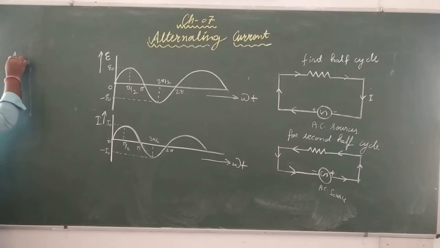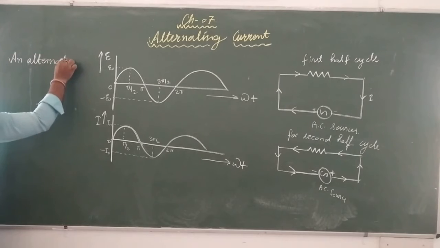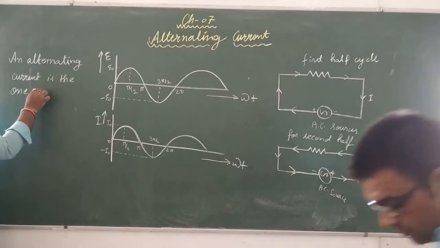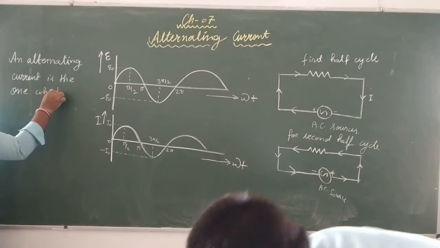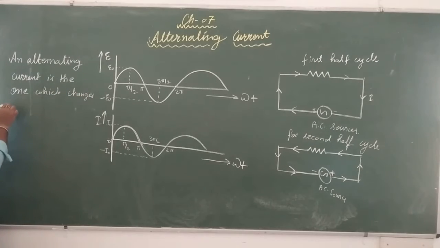We say that an alternating current is the one which changes its direction periodically.